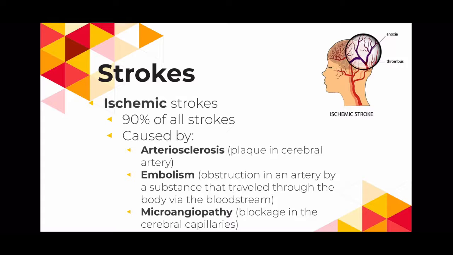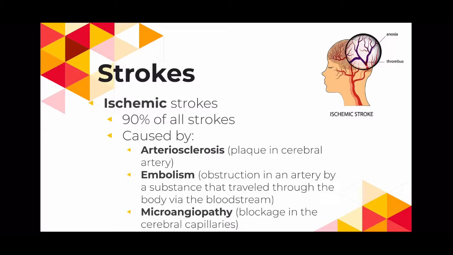So let's say you had a blood clot somewhere in your leg, and part of that blood clot released itself and traveled through the bloodstream, and it got lodged in one of your cerebral arteries. That would obviously then block the brain's blood supply, causing a stroke. So you didn't have a blood clot in your brain, but a part of a blood clot from somewhere else in your body landed in your brain.